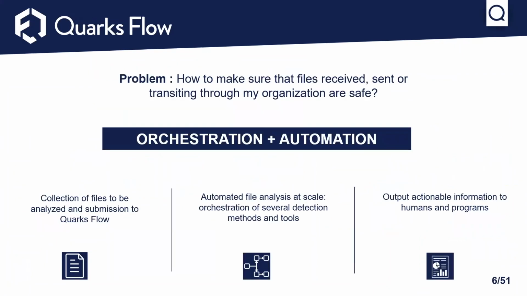So how do we do this, and what do we want to do with this? The problem we are trying to solve is very simple. We want to solve the problem of figuring out if the files transitioning through an organization are safe for use. And we want to do that through orchestration and automation.